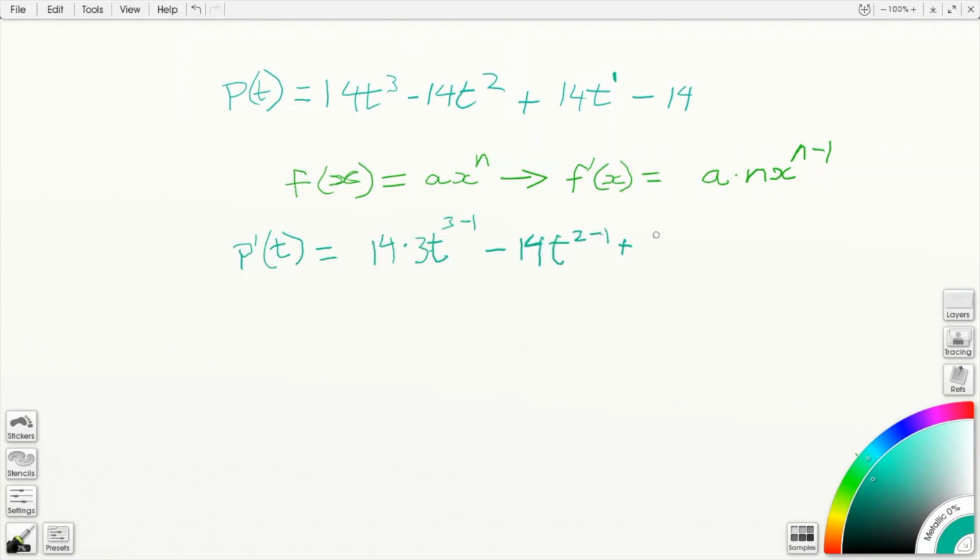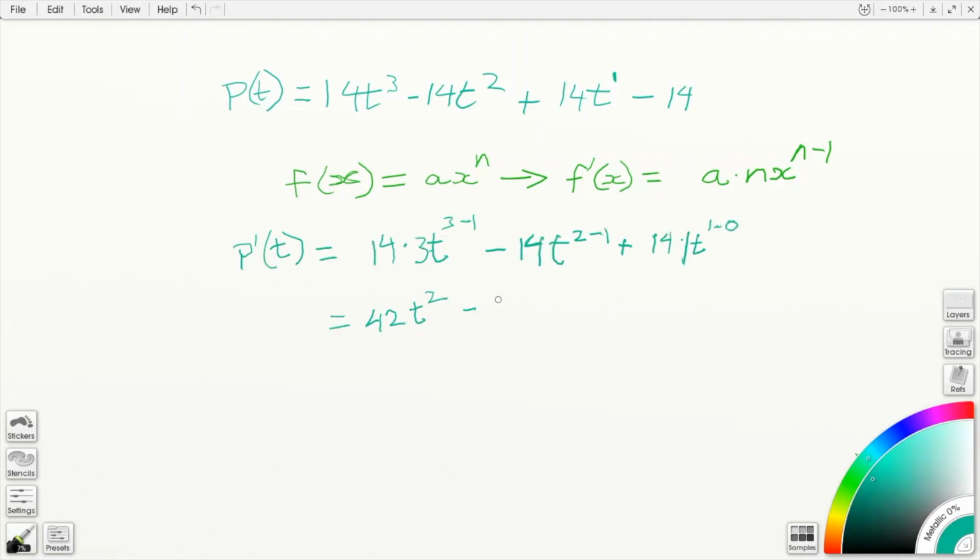So we bring the 1 down, 14 times by 1 t, and then it is our 1 minus 0, which will, in the next line, get rid of our t here because it's t to the power of 0, which I believe is just 1, based off the exponent rule. So 14 times 3 is 42. Now we need t, and 3 minus 1 is 2, so squared.